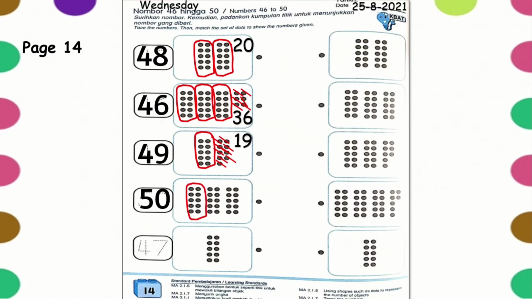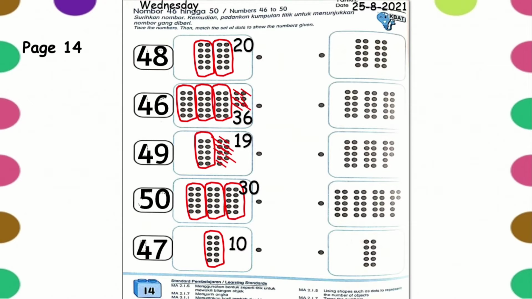So 10, 20, 30. So let's write there 30. Very good. And the last one, 47. Teacher has traced the number. And then we have only one set of dots there. So 10.